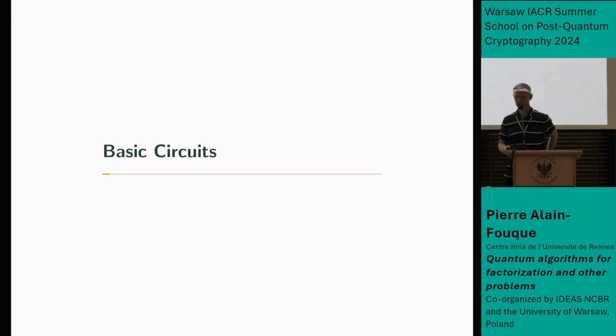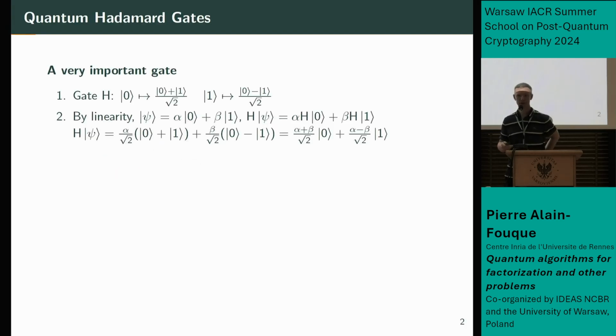So let me begin by just recalling one of the most important quantum gates, that is the Hadamard gate. As Giulio presented, you just apply the Hadamard transform on each qubit state. So for instance, if you begin with ket 0, you get ket 0 plus ket 1. And if your input is ket 1, you get ket 0 minus ket 1.